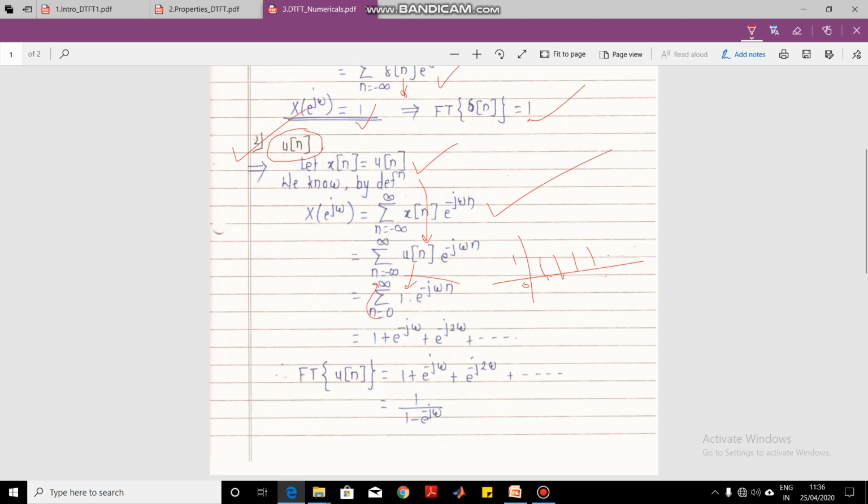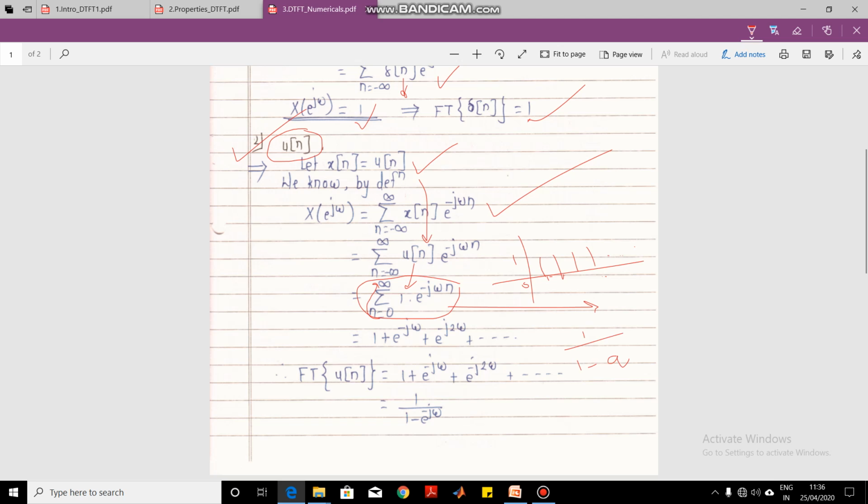Now how to solve this formula? This we can solve by the summation formula. The formula is summation n equal to 0 to infinity a raised to n, where a is equal to e raised to minus j omega, and it is given by 1 upon 1 minus a. We have seen this result already earlier in the Z transform also, so we can use this result directly.